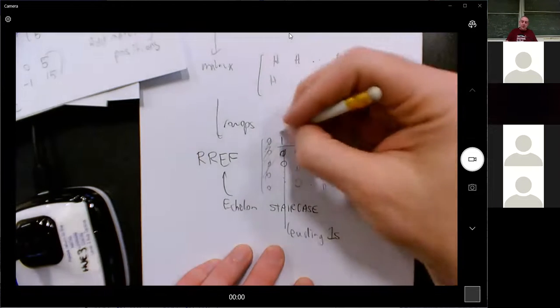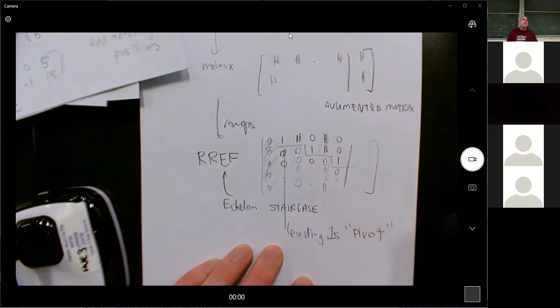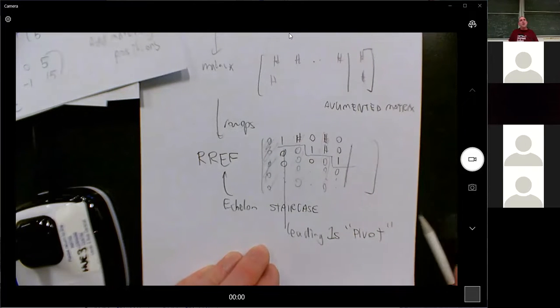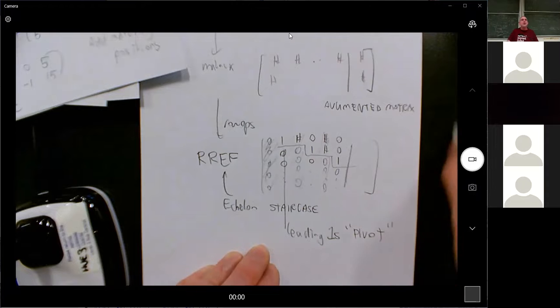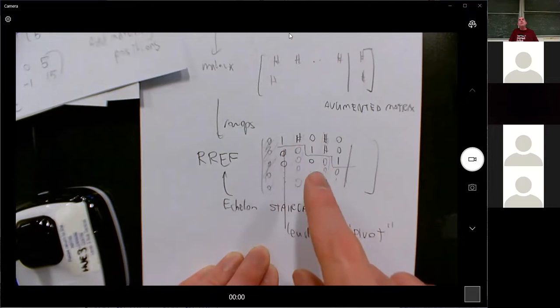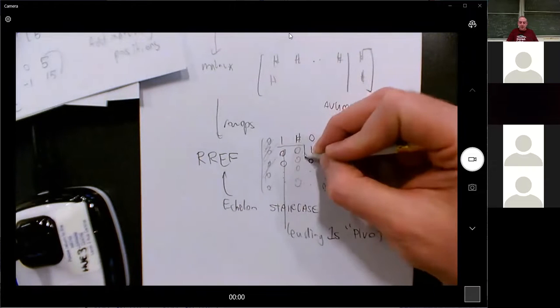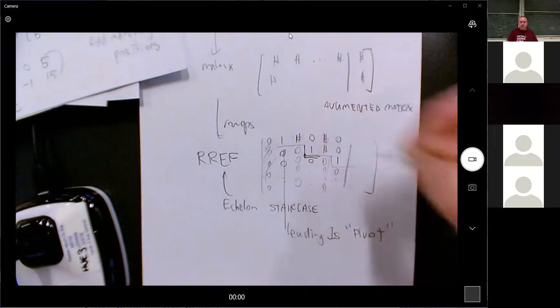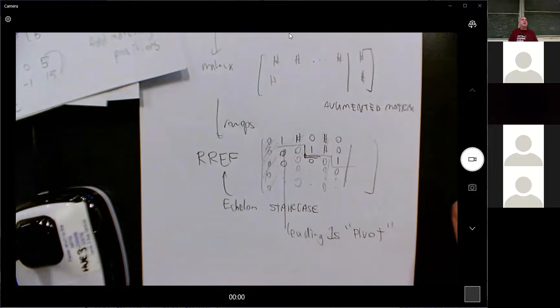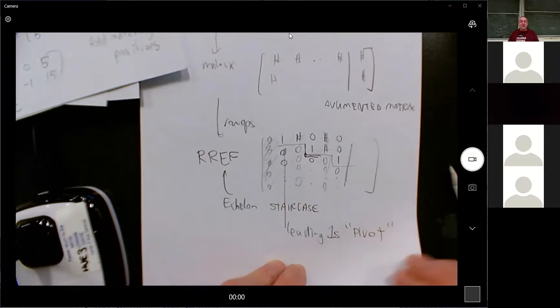So some people call this leading one a pivot as well, for reasons that I'm not 100% sure, but maybe that's where you turn, I guess when you're coming down the staircase, you turn from down to across at that spot, but maybe. I don't know. It's just called a pivot.